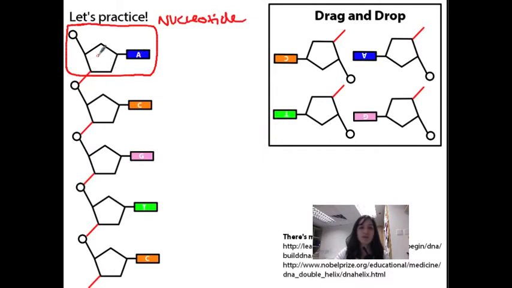One nucleotide is made up of a sugar called deoxyribose, a phosphate, and a nitrogenous base, which in this case looks to be adenine. And we know that each of the nucleotides are linked by these phosphodiester bonds.